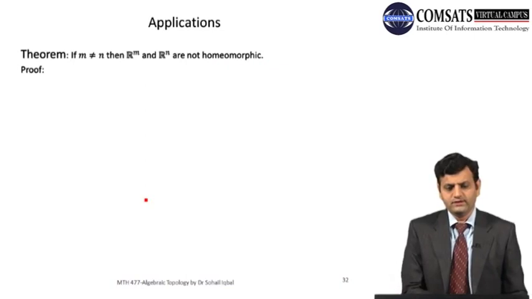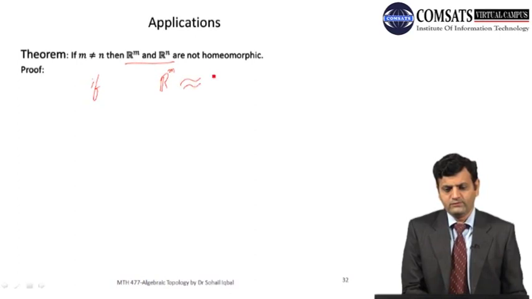Now if m is not equal to n, then Rm and Rn are not homeomorphic. Suppose they are homeomorphic, and remember that m is not equal to n. Then Rm minus one point, let's say x naught, must be homeomorphic to Rn minus the image of this one point, let's call it f of x naught.